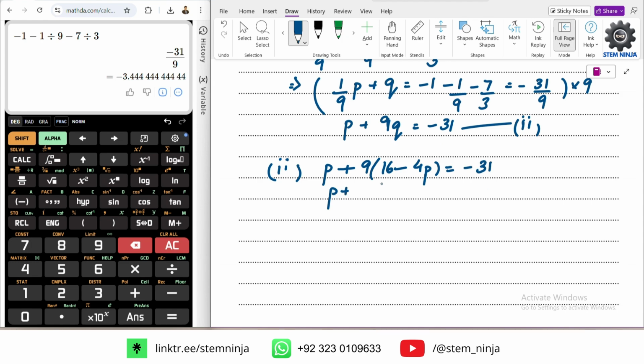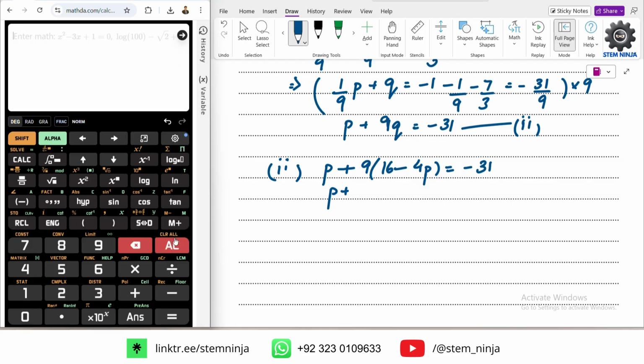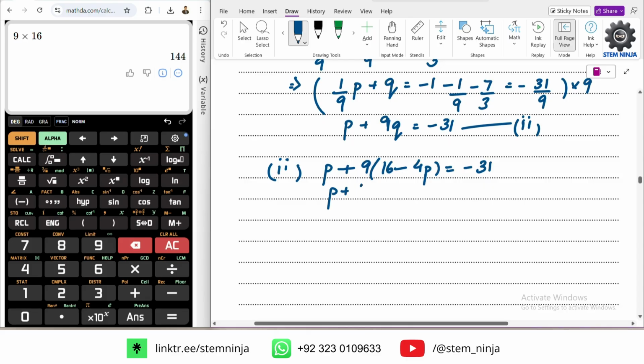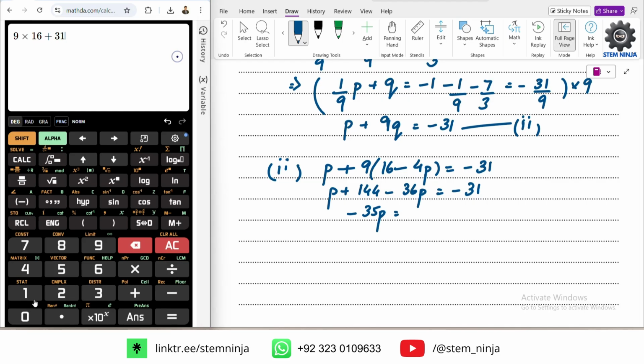So p plus 9 times 16, 144, minus 36p equals minus 31. So minus 35p, and 144 plus 31 is 175.